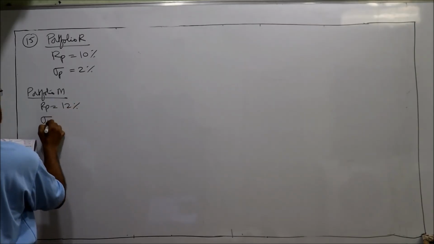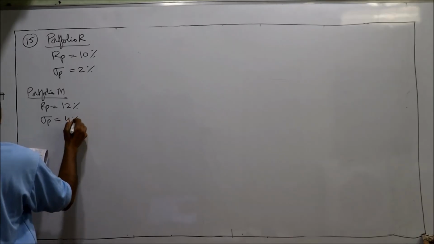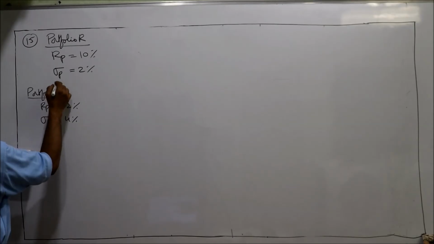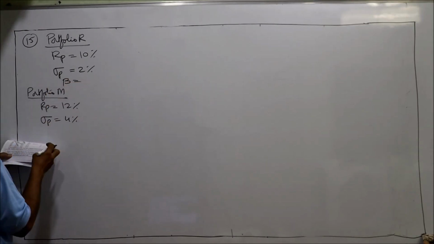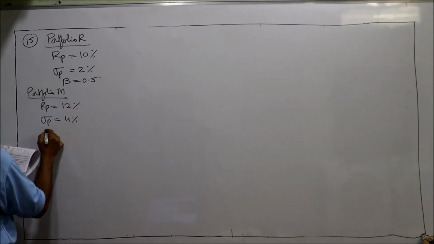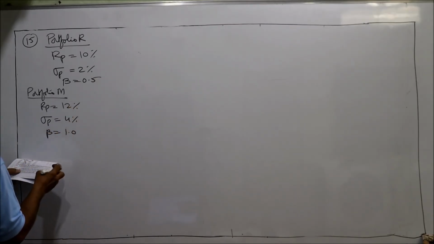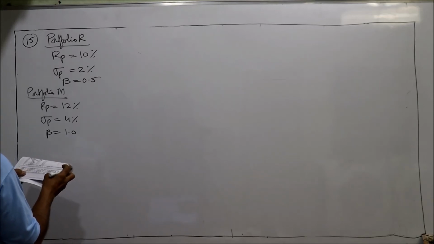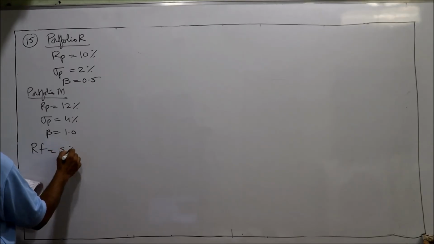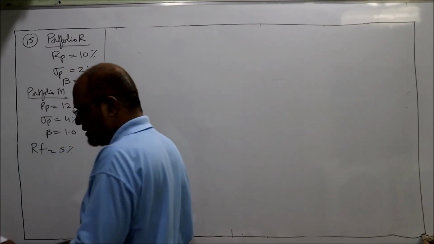And standard deviation of the portfolio is 4%. Assume that beta coefficient is 0.5 for R and beta is equal to 1 for M. Assuming risk-free rate RF is equal to 5%. Calculate, rank the portfolio as per Treynor's index. बस इतना ही problem है.